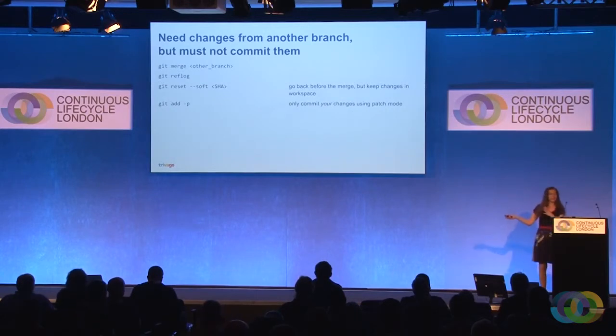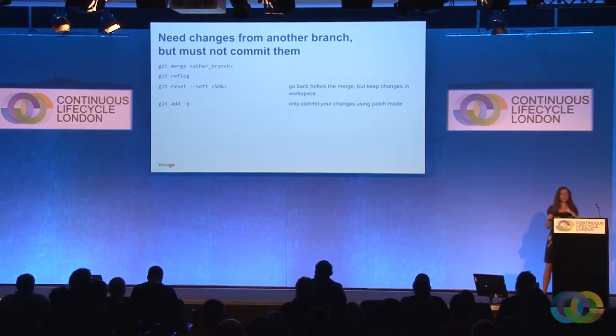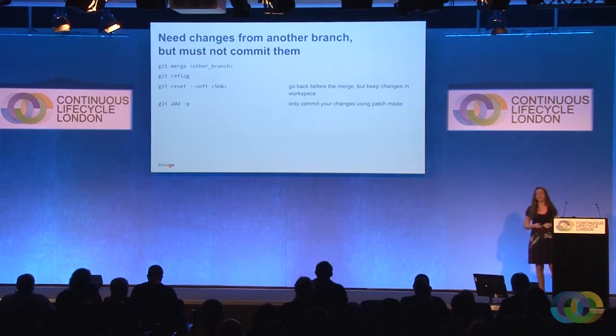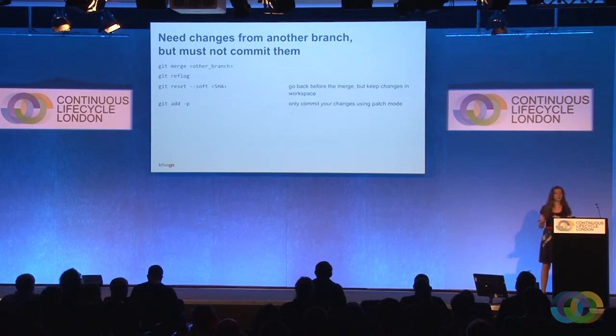So I merged this other branch into my branch, typed git reflog to see what happened there, did a soft reset to the commit before the merge, and then I used the patch mode, so git add -p, to just add my personal changes that I wanted in there.